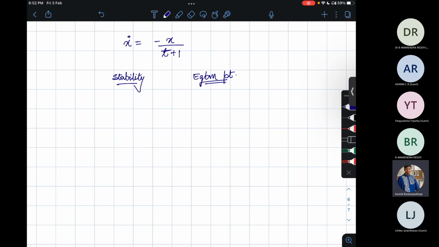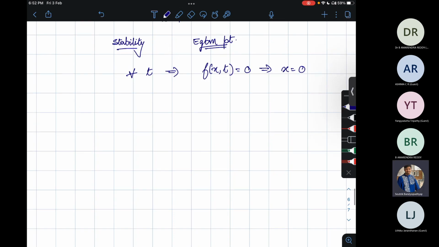How do you compute that? You take this right hand side function, which is dependent on t as well, and you equate it to 0. Now for all time t, f of x, t is equal to 0 implies that x is equal to 0. Now this is not always the case, right?